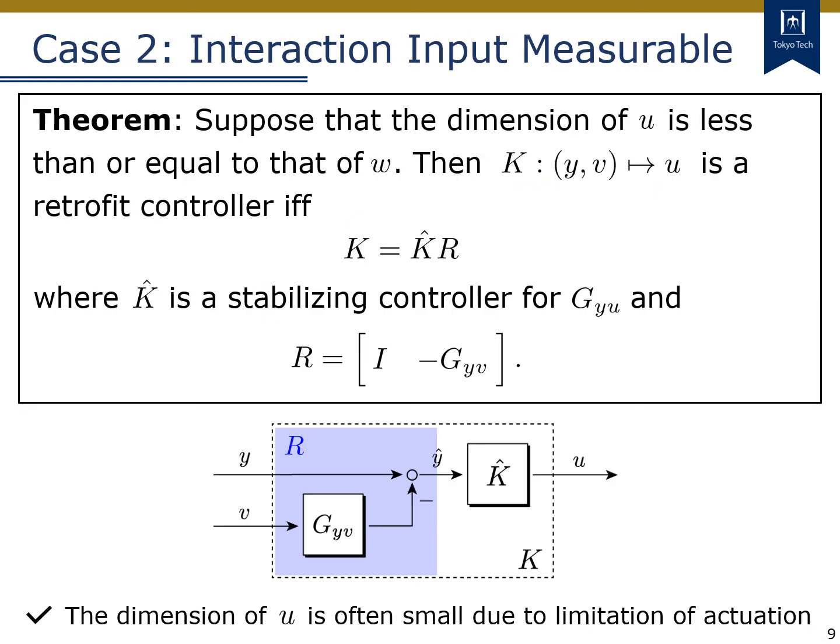Okay, let's next consider case 2, where the interaction input signal V is additionally measurable. We can prove this theorem for this case.